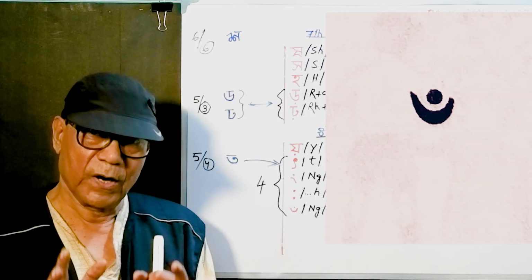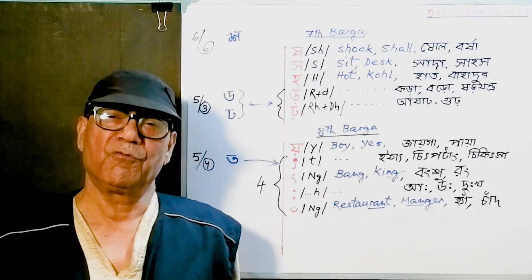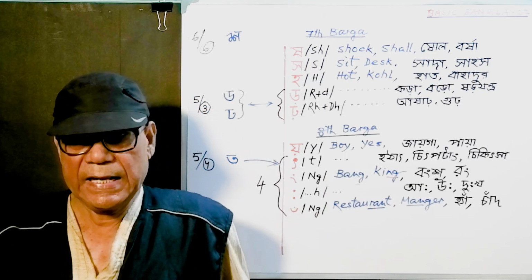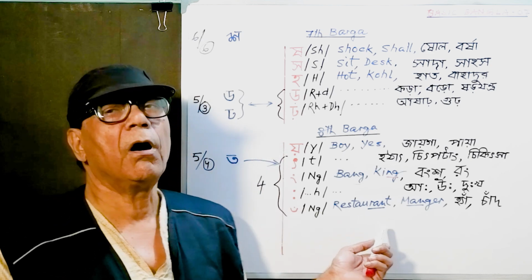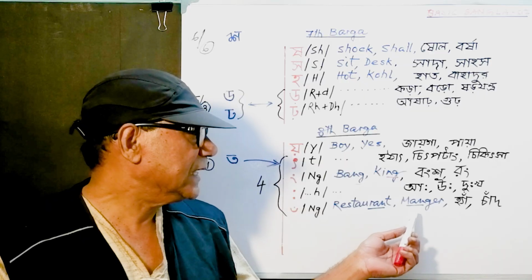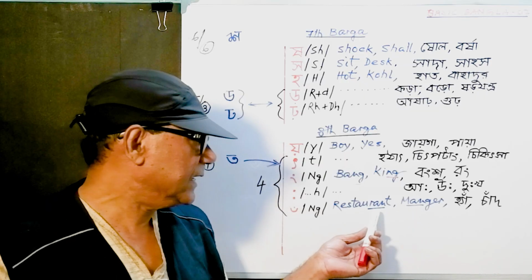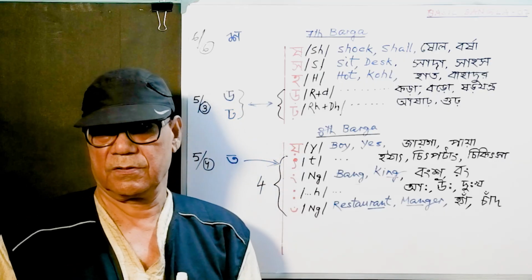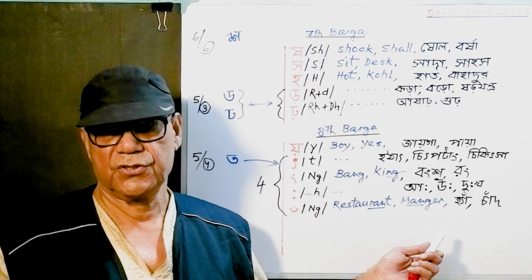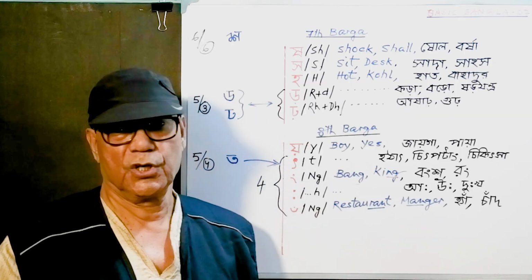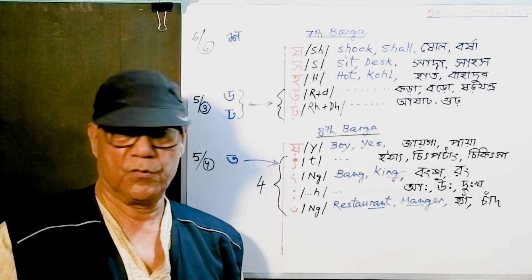Chandra Bindu is what we call moon, and it has a nasal sound, and in French words you will come across these nasal sounds very frequently. Restaurant. And then manger. Manger means to eat. In English this becomes restaurant. There is no word like manger in English, but in French, to eat means manger. So the on sound is there.